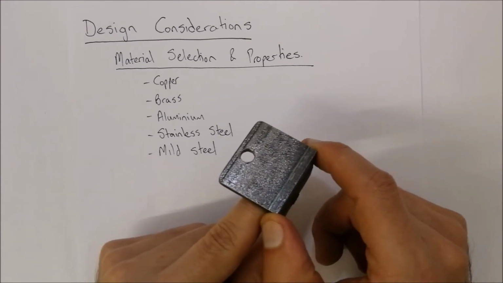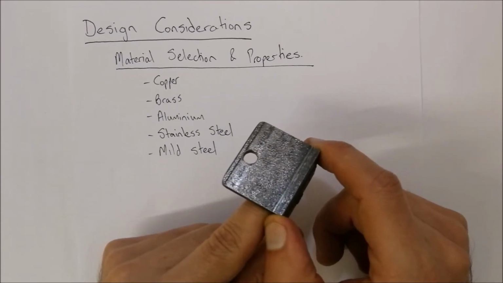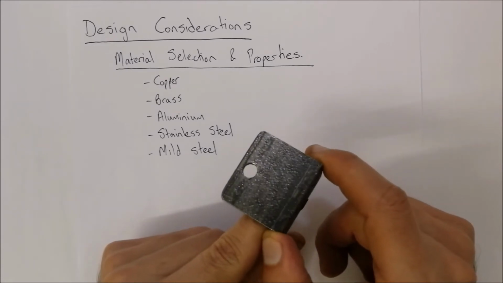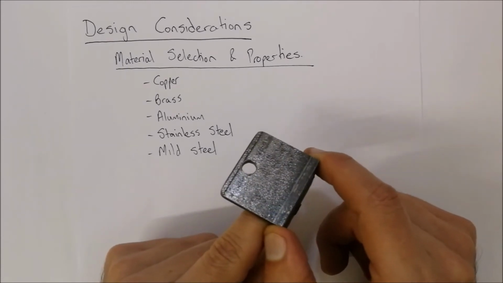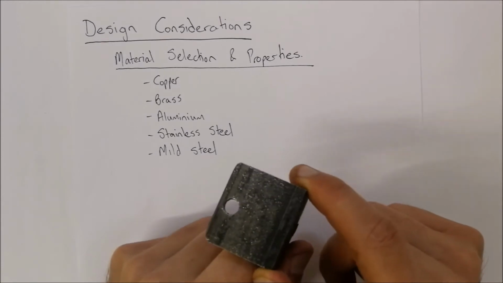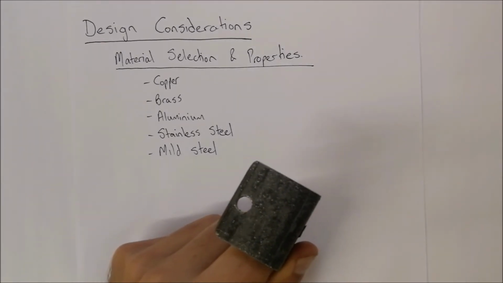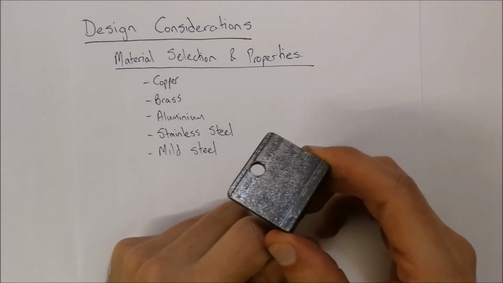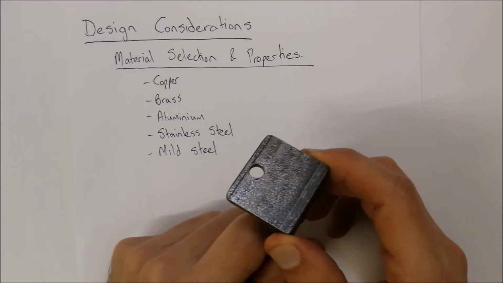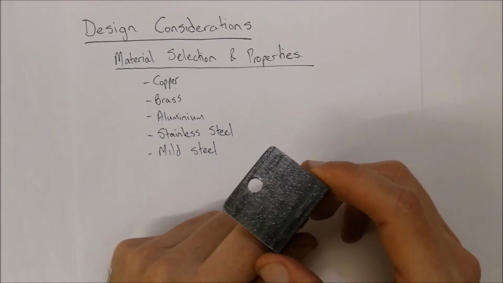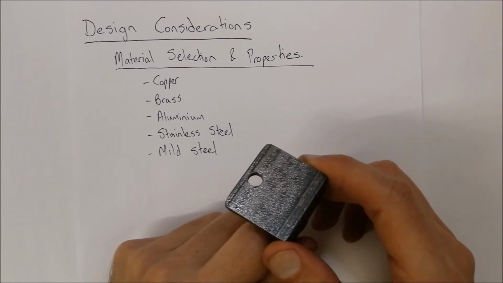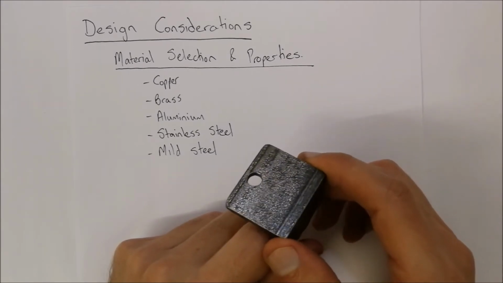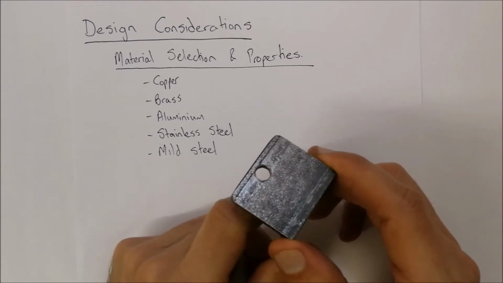It is relatively hard, sort of a medium material if you look at the different materials we've looked at so far, but it's also malleable. So you can machine it, you can easily hit it and bend it and so on. While with stainless steel, you might not be able to do it as easily.